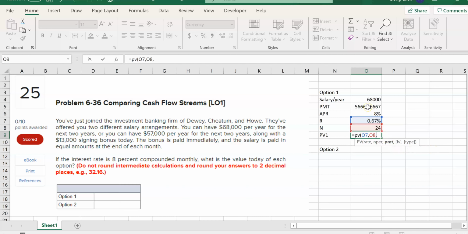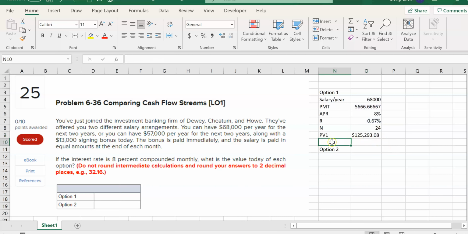That's this payment, but if we want a positive present value, we need to put a negative sign in front of this monthly payment. And then we don't have any future value, which stands for a lump sum future cash flow. Here we only have the equal monthly payments. So now we can close that, and that gives us the present value of the first option.